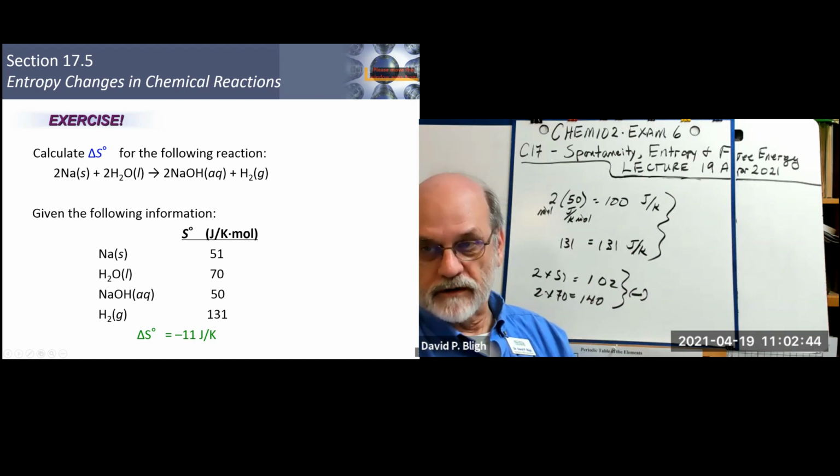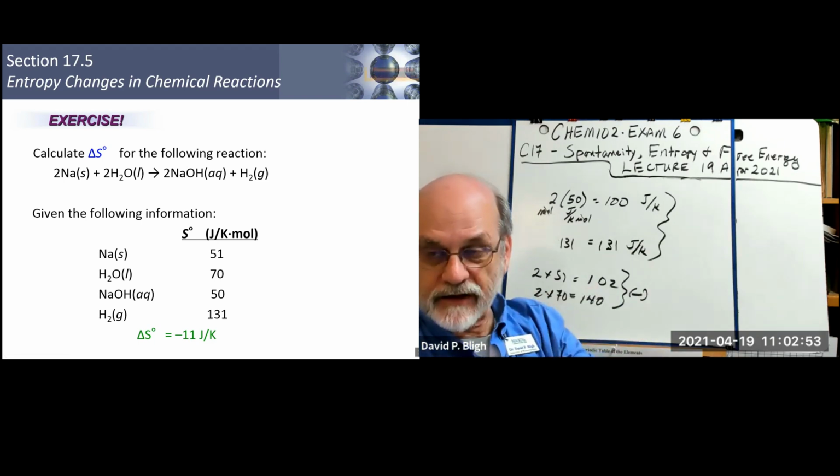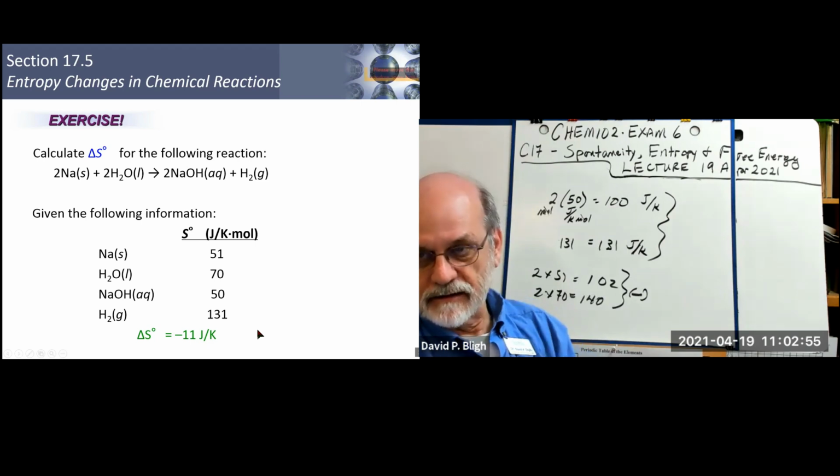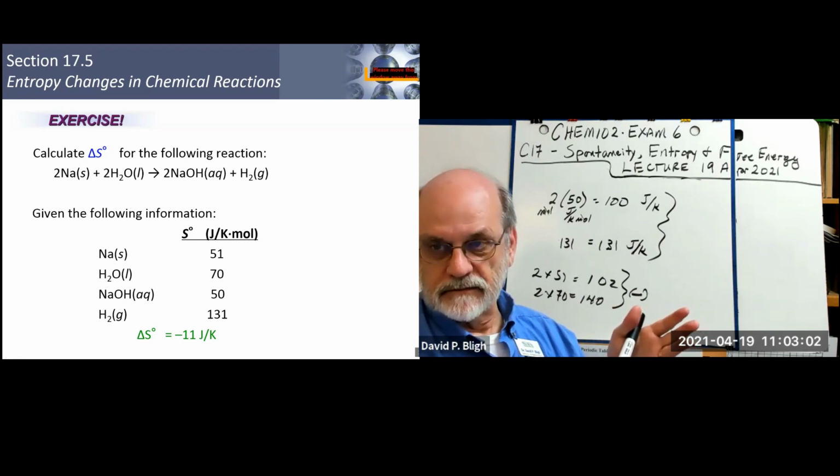It's more ordered. So the only way we can get a spontaneous reaction is if there was enough entropy produced in the surroundings to offset that. So the surroundings would have to be plus 11 or more. It has to be more than plus 11 to be spontaneous.